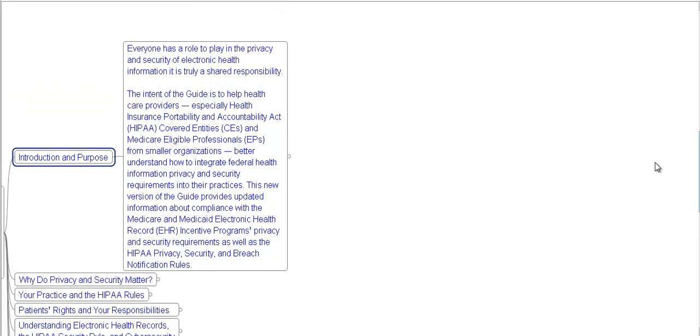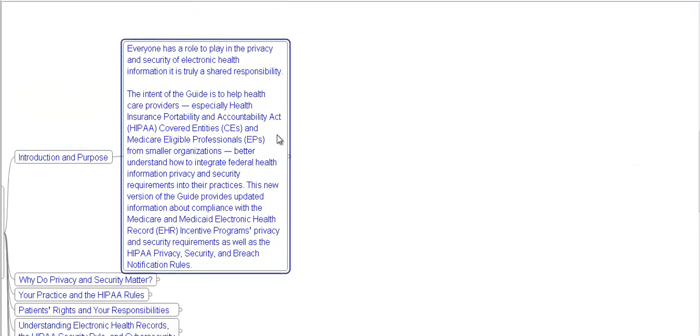Everyone has a role in the privacy and security of electronic health information. It is truly a shared responsibility. The intent of this guide is to help care providers, especially Health Insurance Portability and Accountability Act covered entities, and Medicare eligible professionals (EPs) from smaller organizations better understand how to integrate federal health information privacy and security requirements into their practice.